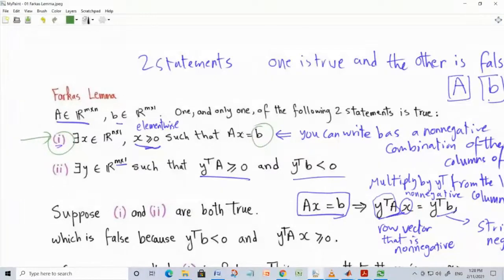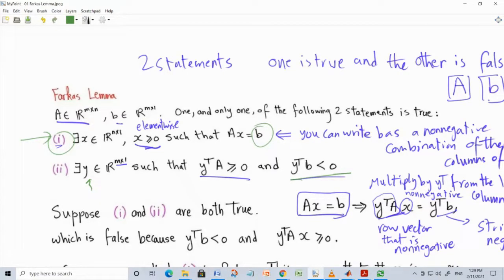We used the separation theorem to show that there exists a Y such that Y transpose Z is strictly greater than Y transpose B, and then we chose vectors in set S to show that Y transpose B must be strictly negative, and Y transpose A is non-negative, which just means that Y transpose multiplied by any column in A must give a non-negative result.